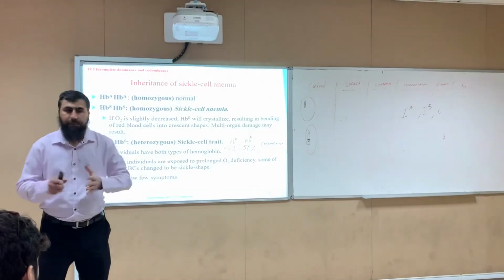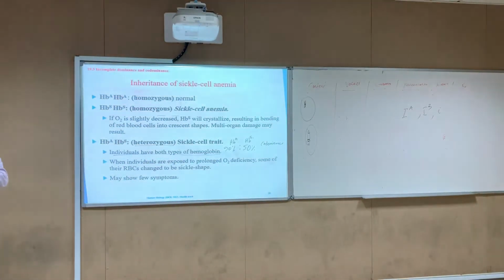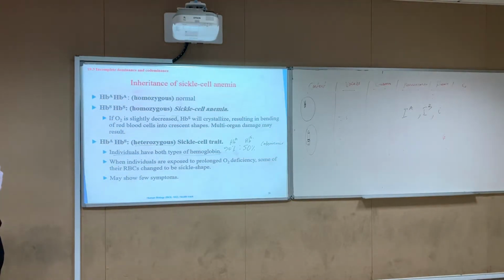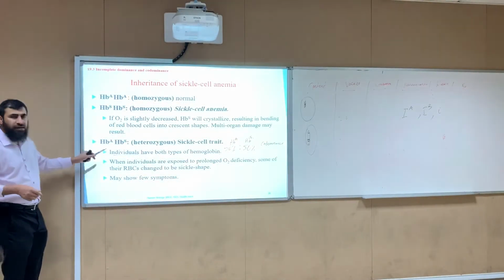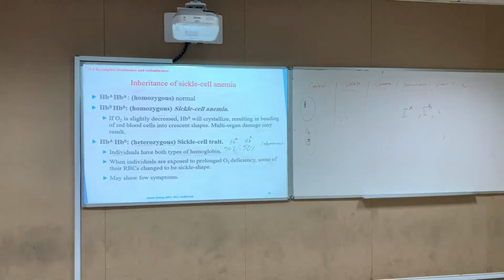So in terms of shape, we see incomplete dominance, and the function will be reduced, okay? It happens in low oxygen, with very prolonged exposure. But normally in these conditions, the shape of the red blood cell doesn't change, okay? There are some exceptions, but we don't need to know about that.